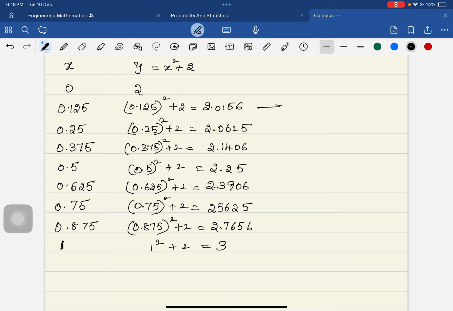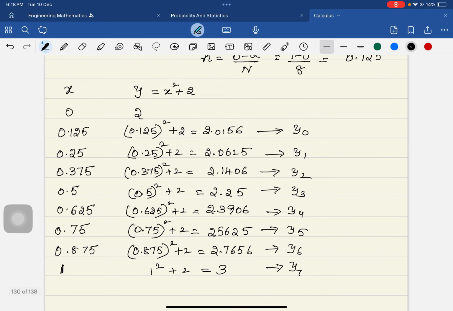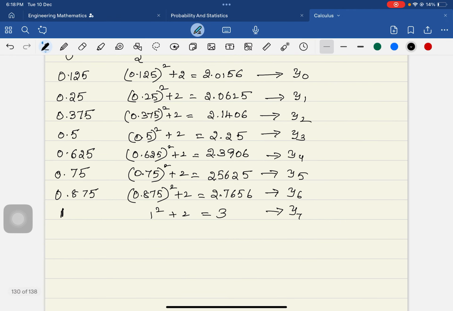We will now rename them: this is y0, this is y1, and this is y2, y3, y4, y5, y6, y7. So these are the values you have.